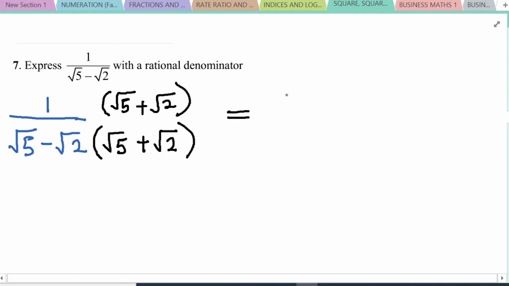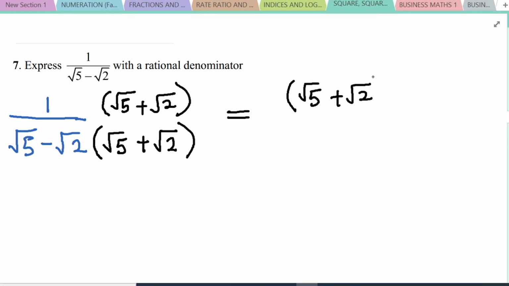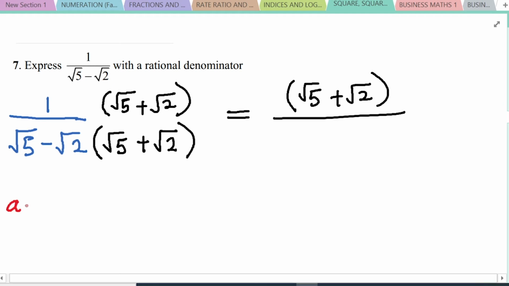So the top one becomes root of 5 plus root of 2. Divide that by the denominator. Do you realize that there is this identity that a squared minus b squared is the same as a plus b into a minus b?